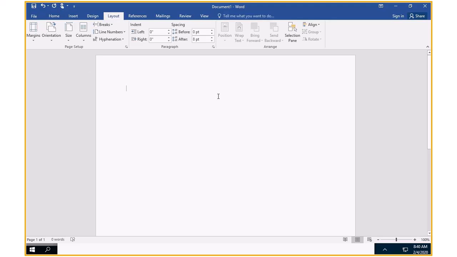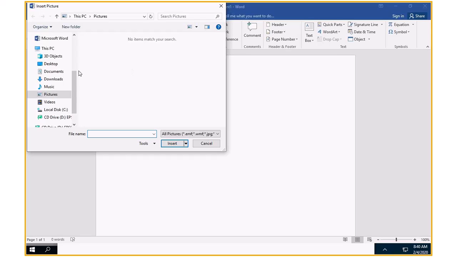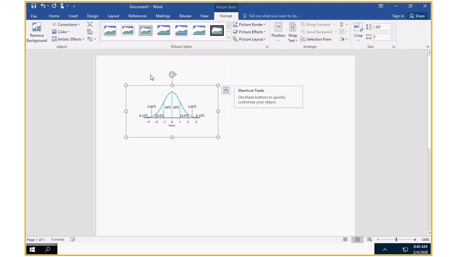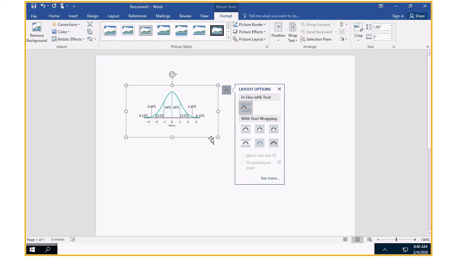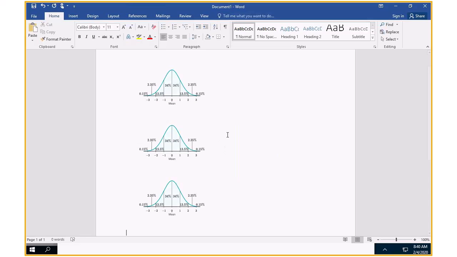And I'm going to hit Control V. Well, let me do insert first. Insert, I should have copied. Picture, download. You have to hit 3 buttons. I'm sorry. And now you can hit Control C, and now you can hit Control V, Control V. Now, of course, you can make them as big as you want.